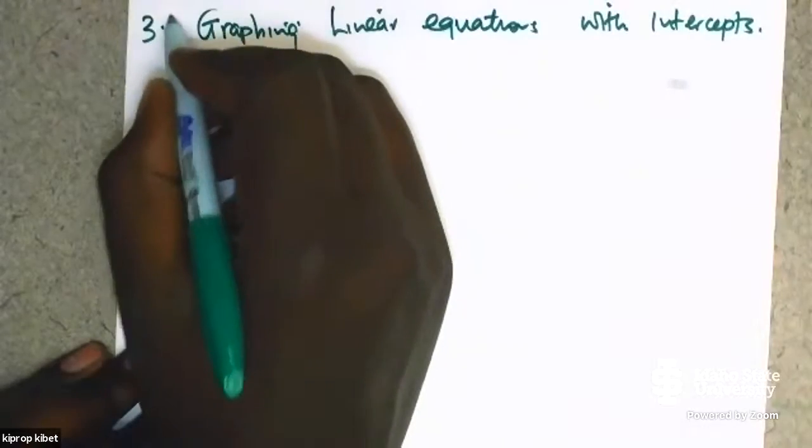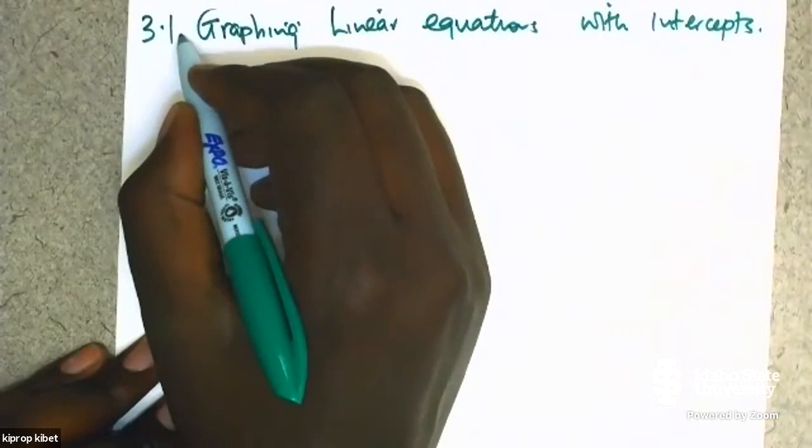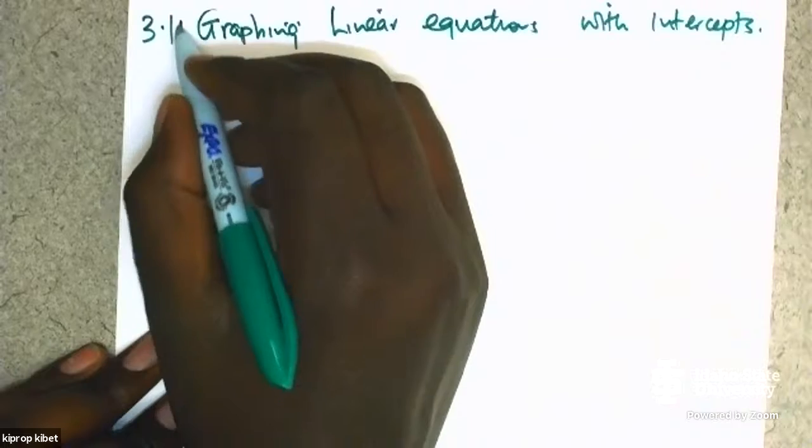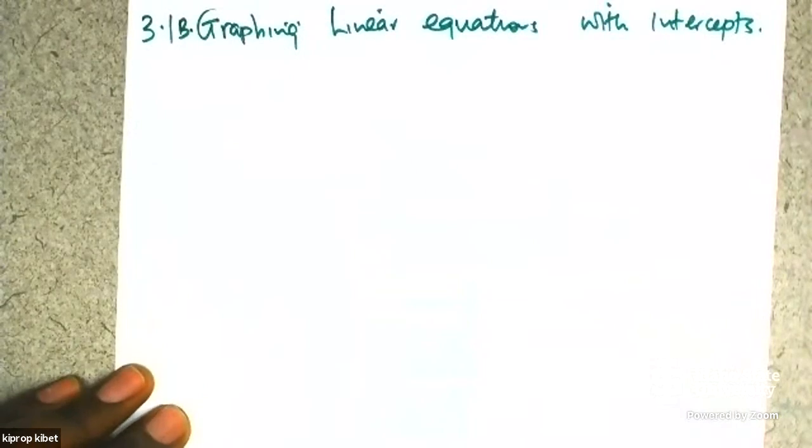Let's start from the definition here. Actually, this one is 3.1b: graphing the linear equation with intercepts.